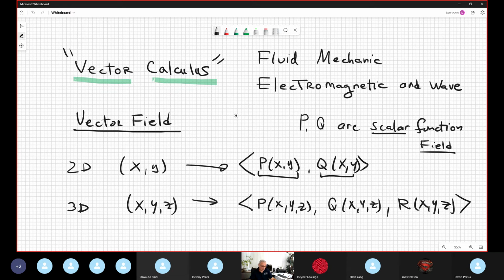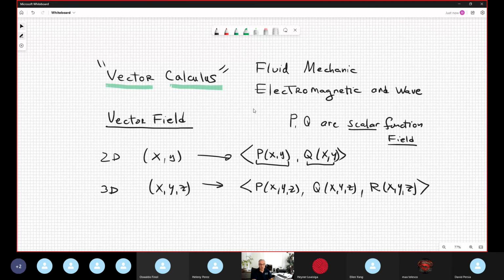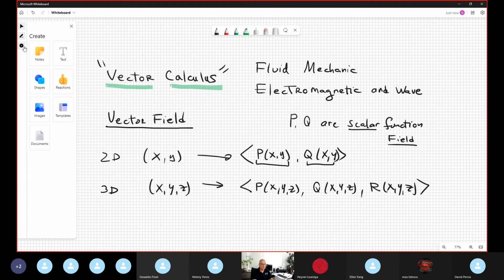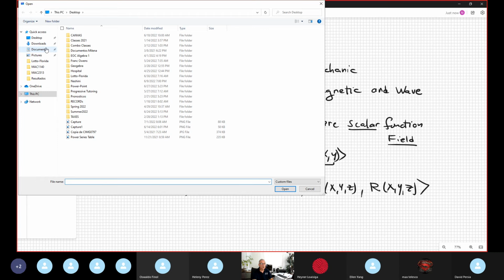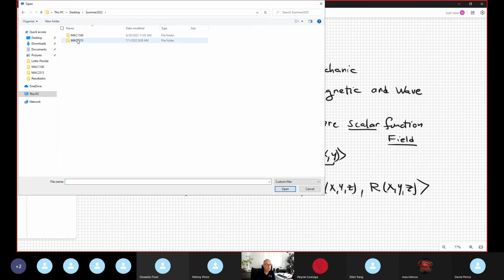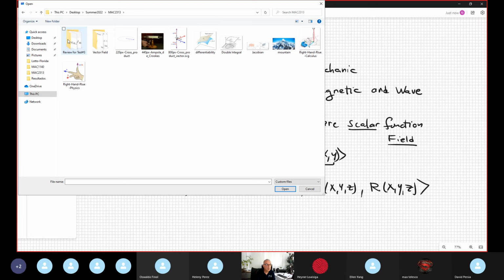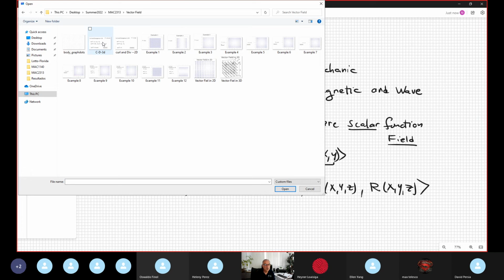Well, what the hell is a vector field? Let me try to show you some motivation. A vector field, pictures of this vector field. But don't worry too much because we have applications for this.